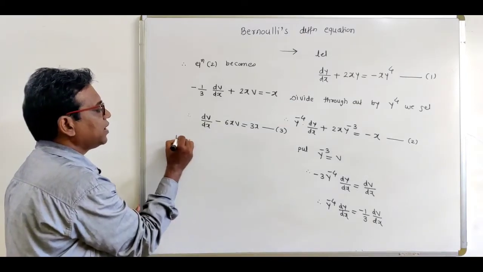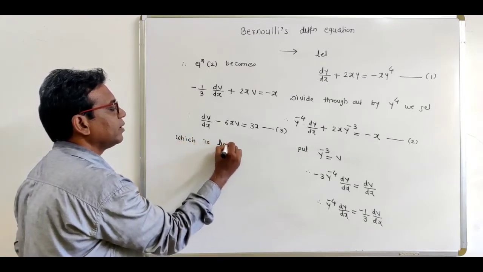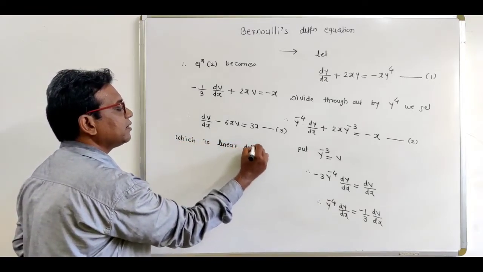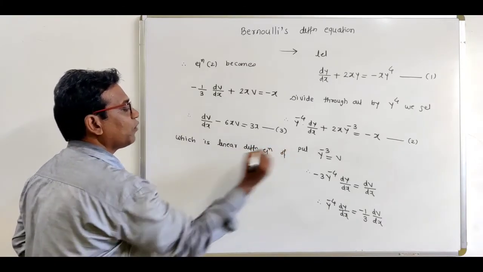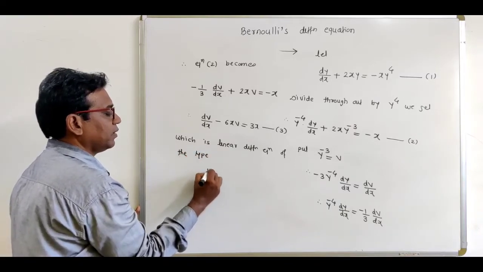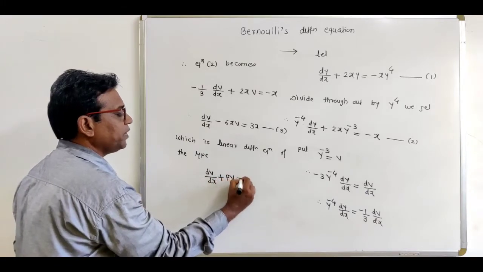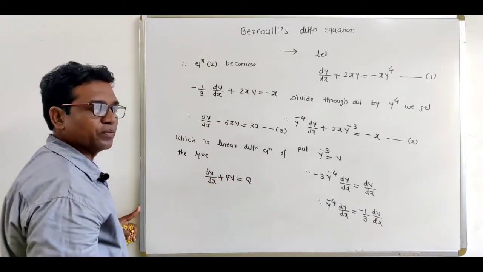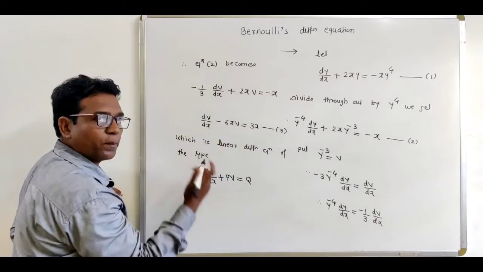Right here the identification: this is a linear differential equation of the type dv by dx plus pv is equal to q, where p and q should be functions of x alone.